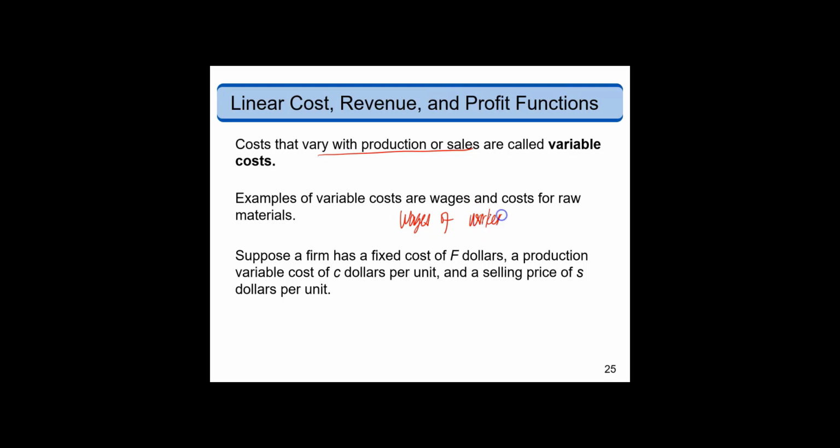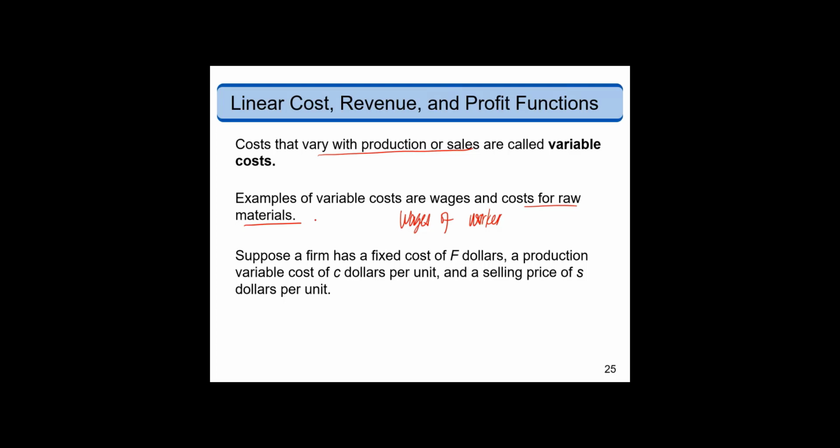For example, if John works 10 hours in week 1, and in week 2 he works 14 hours, then you see that his pay changes week over week, depending on production level. Also, the cost of raw material is an example of a variable cost. Producing more units, then you use more materials, so the cost of the material will be more.